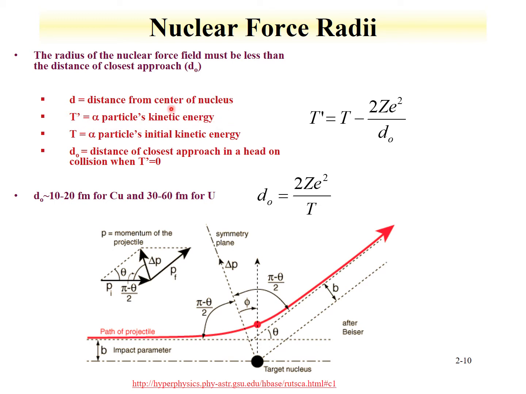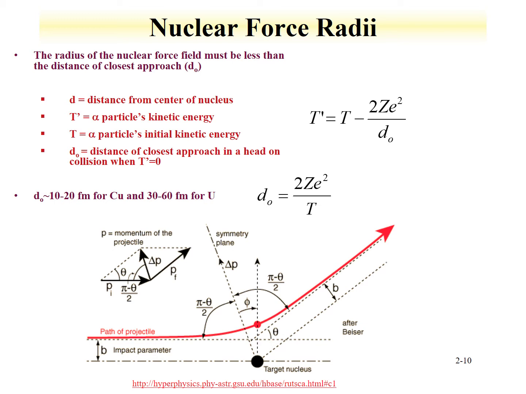I've got the particle's kinetic energy after the interaction, and the particle's kinetic energy before the interaction. For this distance, I actually want to get the distance of closest approach, which is head-on, and it's a collision. So when the particle's kinetic energy afterwards is equal to 0. Experiments are performed with this, and the gold foil scattering experiment is the classic.